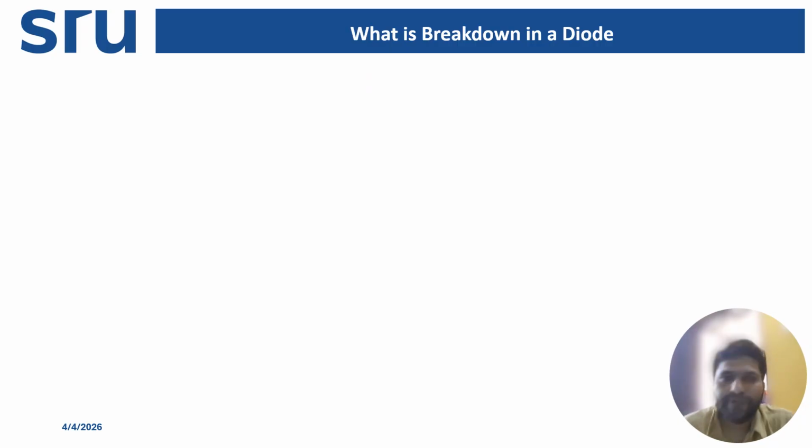Today I will talk about what breakdown in a diode is and why breakdown occurs in the diode. Basically, breakdown occurs in the diode when the reverse bias voltage becomes very large.